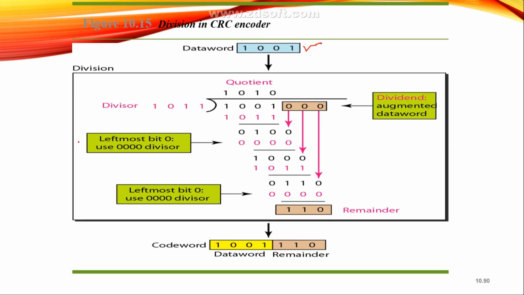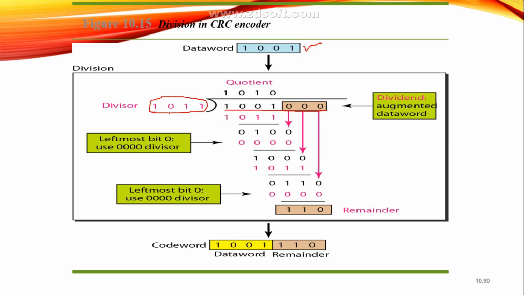Now the encoder takes a data word, and we are going to augment this data word by means of three zeros, as I already told, that is n minus k, three zeros. So this is the dividend, it becomes 1001000. It then divides this augmented data word by this divisor, and remember this divisor is predefined, it is fixed.